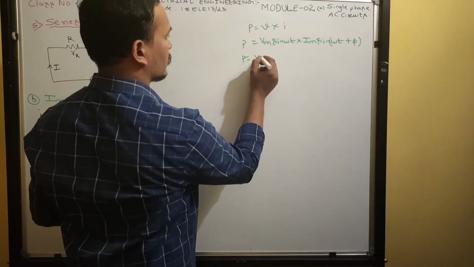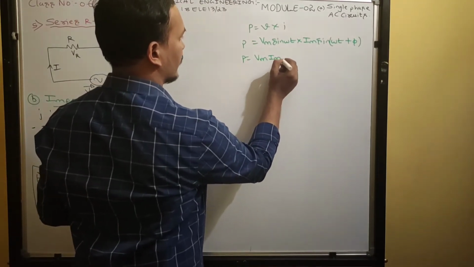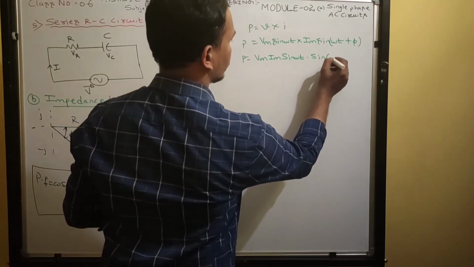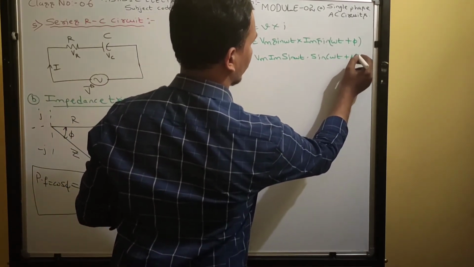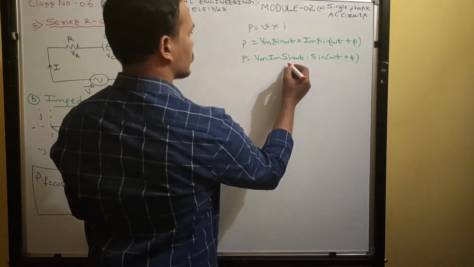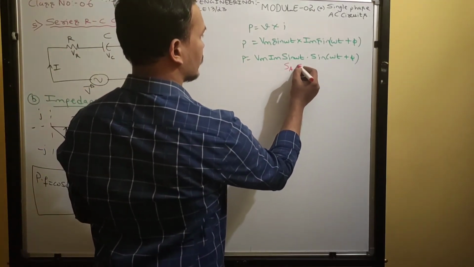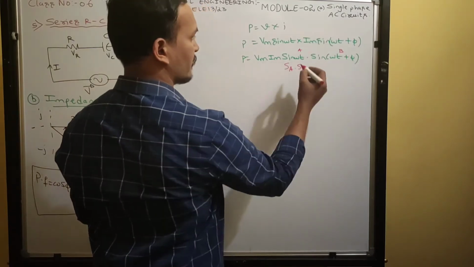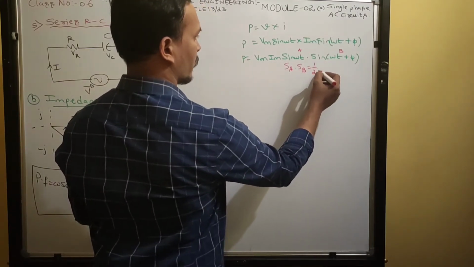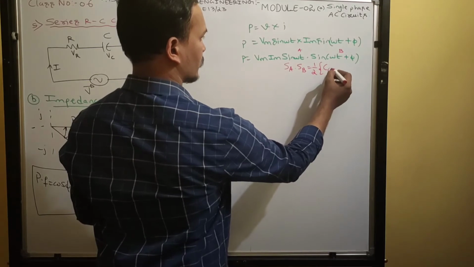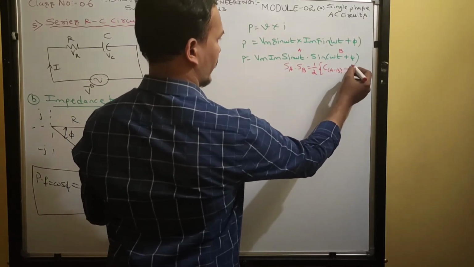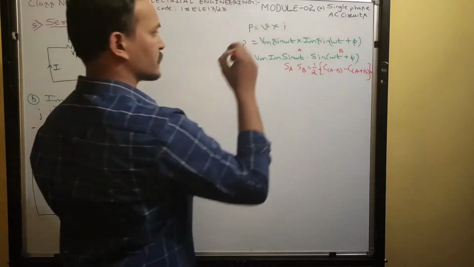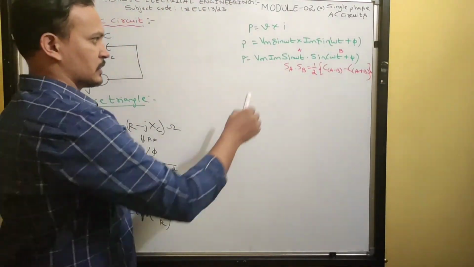Now power is equal to multiply this: Vm Im sin omega t into sin omega t plus phi. Now this is in the form of sin A into sin B. This is the A value and this will be the B value. What is the formula? 1 by 2 [cos(A minus B) minus cos(A plus B)]. Apply this formula over this equation.